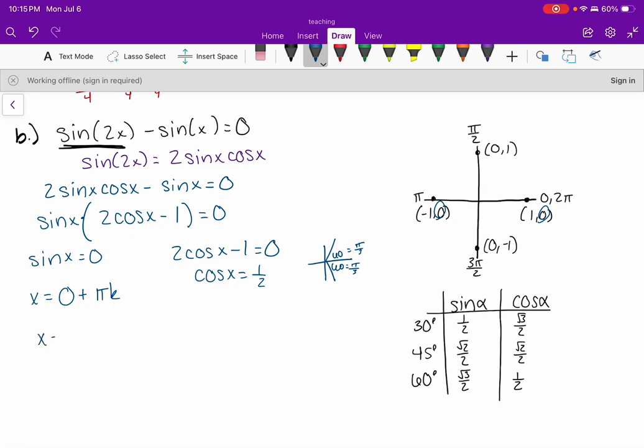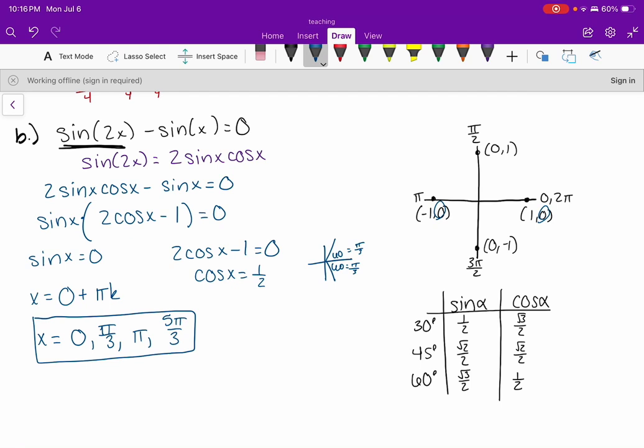So this would be 0, pi over 3, pi, and 5 pi over 3 would be my answers. The 0 and the pi are coming from that sine x equals 0.